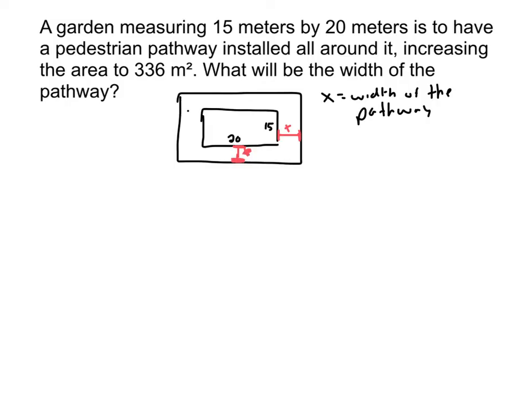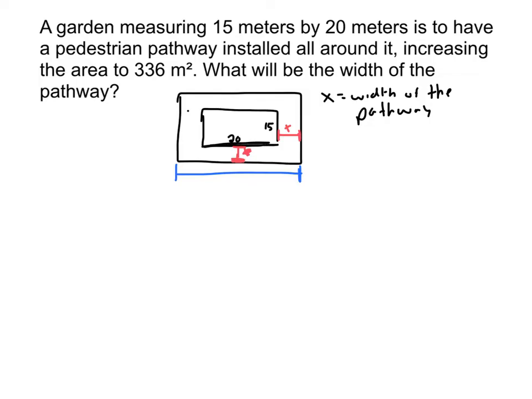So the area of the garden plus the pathway is 336 meters squared. This length here will be 20, because there's a distance of 20 here.